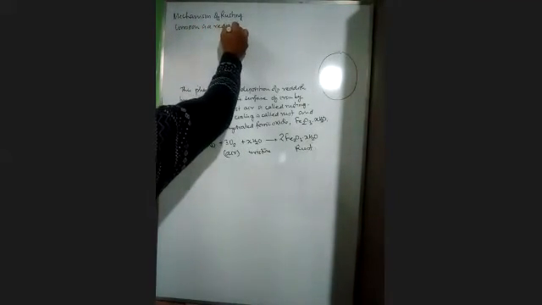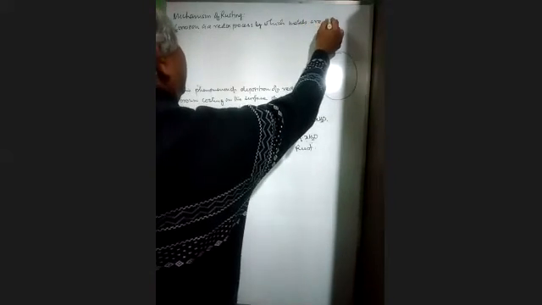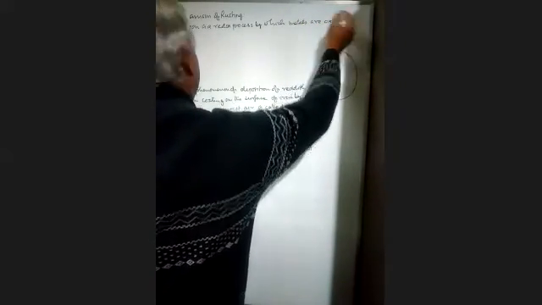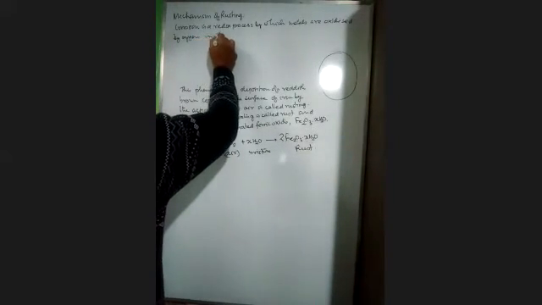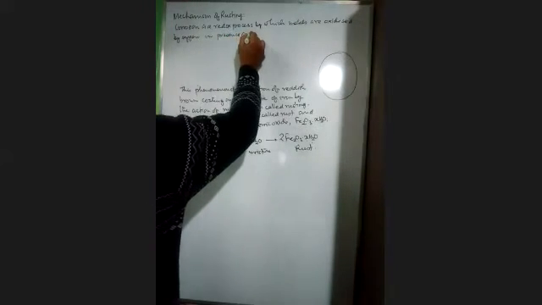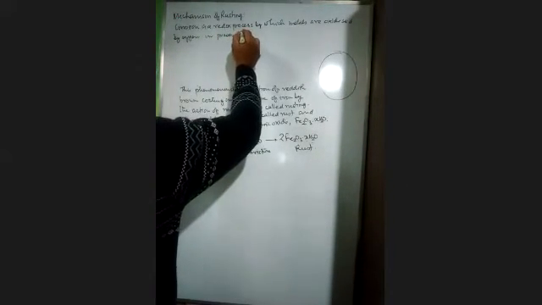Corrosion is a redox process by which metals are oxidized by oxygen in the presence of moisture.